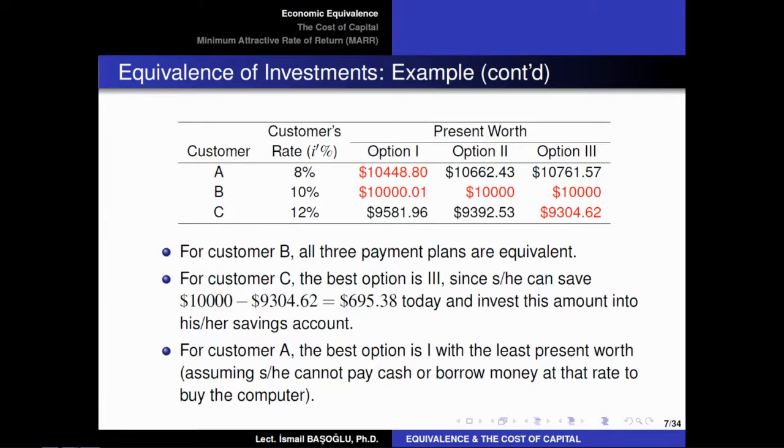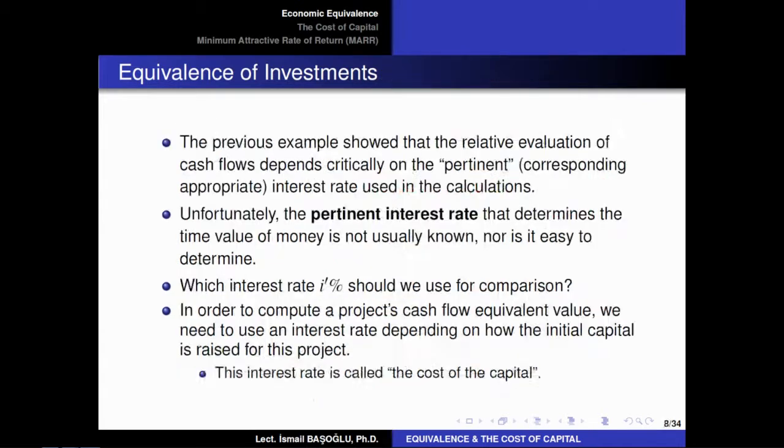Now, there are other ways of finding this pertinent interest rate, or the assumed interest rate, in order to make these comparisons. One thing that you can do is to check the interest rates, of course, that are offered by the banks or credit companies. But for large companies, since bank loans are not the only ways to raise capital, they are going to evaluate their pertinent interest rate to make this comparison with a different method.